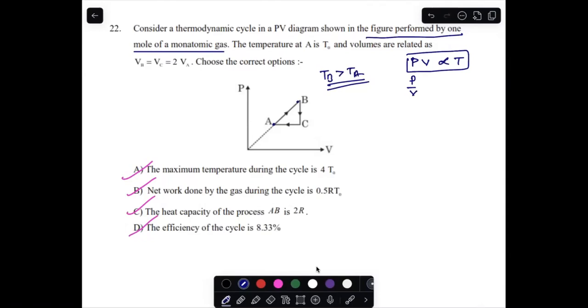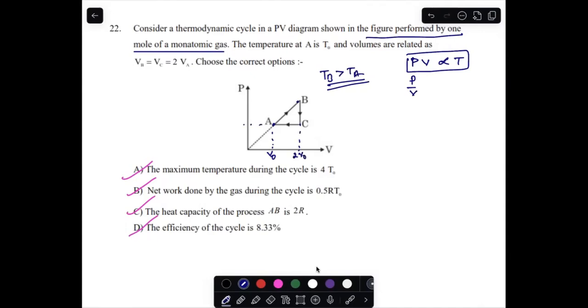See, in such a question, it is a multi-correct answer type. The temperature at A is T naught and the volumes are related, VB, VC. If this is V naught, VC is 2V naught.